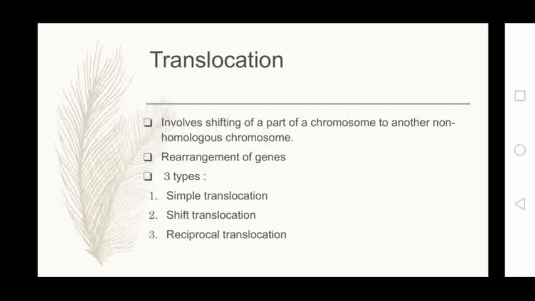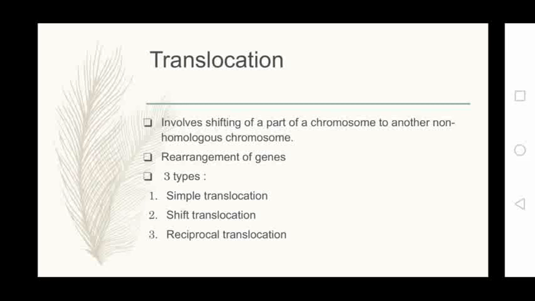So here translocation involves shifting of a part of a chromosome to another non-homologous chromosome. Some part of a chromosomal segment breaks and rejoins with another non-homologous chromosome. So translocation is simply the rearrangement of genes.